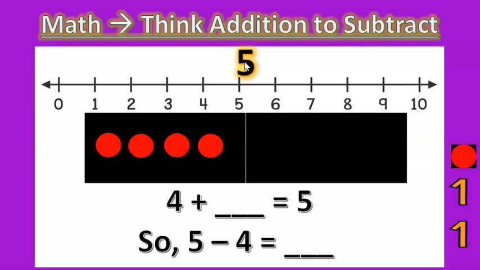This is 5, okay? What this number means up here is that the answer is 5 here. Let me repeat that again. This number up here means that this is the answer for the addition equation.